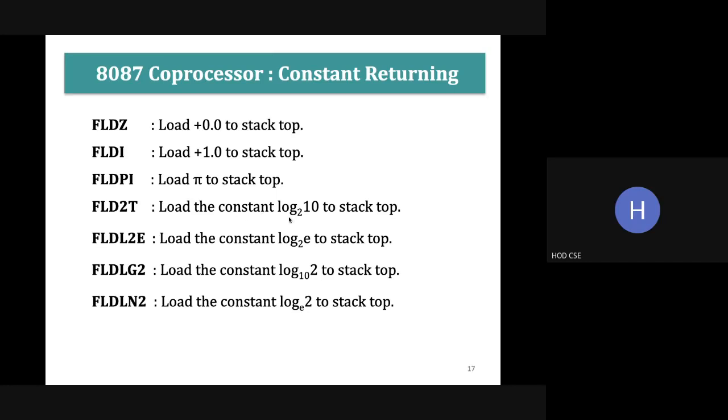To load the value of log 10 to the base 2, we use FLDL2T. To load the value of log e to the base 2, we use FLDL2E. To load log 2 to the base 10 is FLDLG2, and log 2 to the base e is FLDLN2. So these are the constant loading instructions.